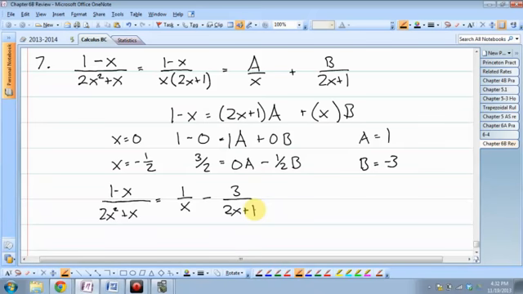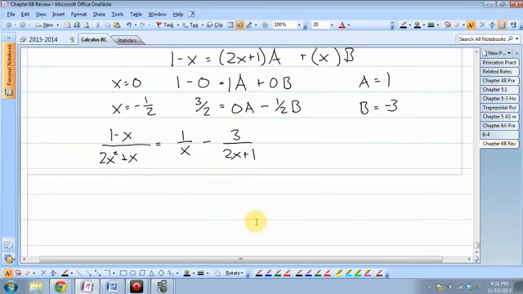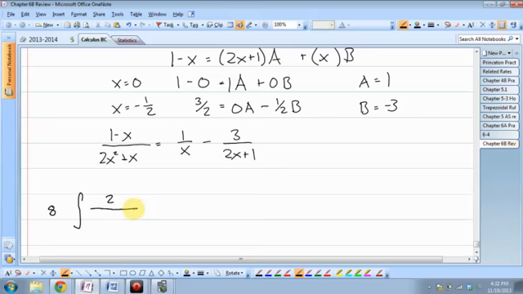Hey, look, another partial fraction decomposition question. Eight. Evaluate 2. Oh, they factored for me. Lucky us. X plus 2 and 2 minus x.